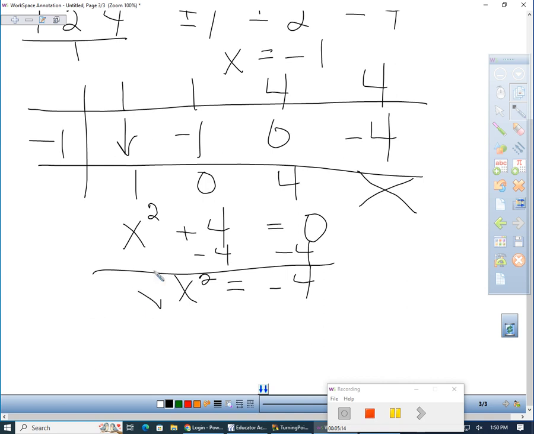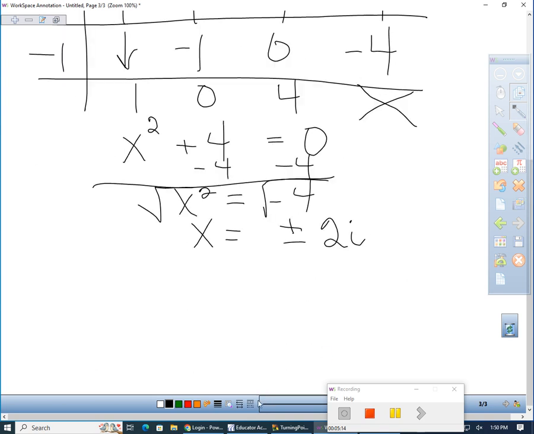And then I square root both sides. I get x equals plus and minus what? 2i. Very good. 2i. And what was my third solution I had here? Negative 1. Why do I have to have 3 solutions? The highest exponent is 3. Exactly. Okay?